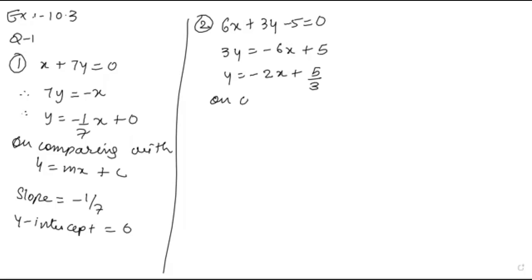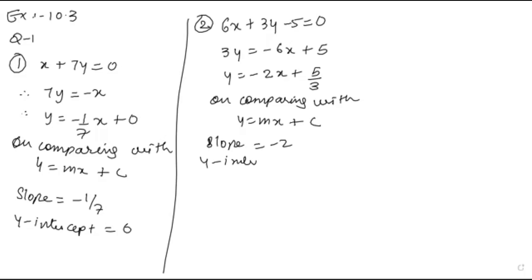So on comparing with y is equal to mx plus c, I will have m, that is slope, is equal to minus 2, and y intercept as 5 by 3.